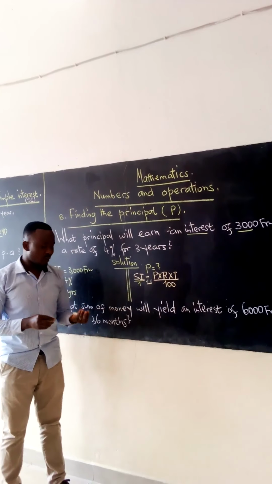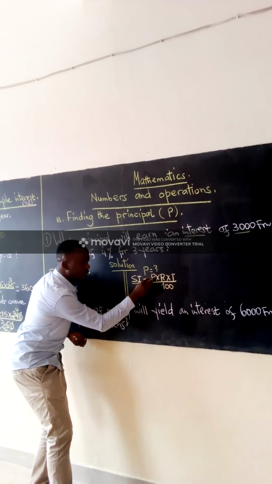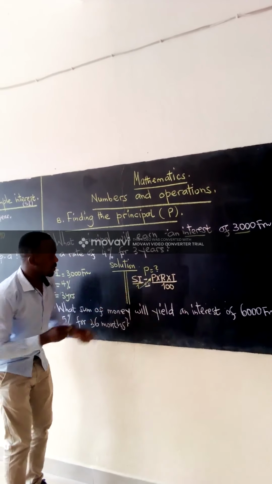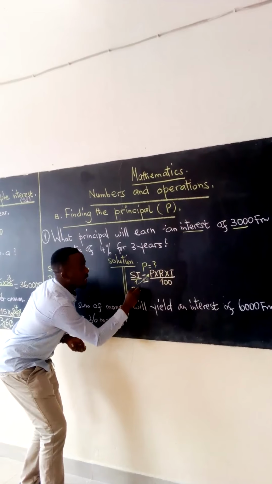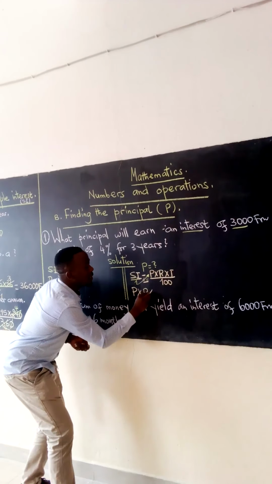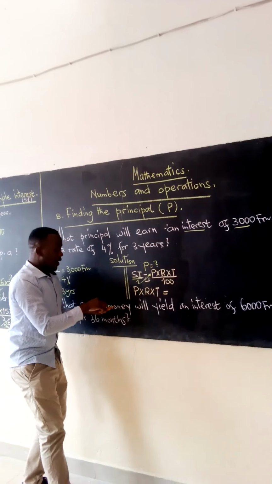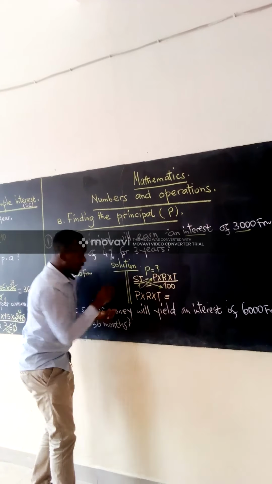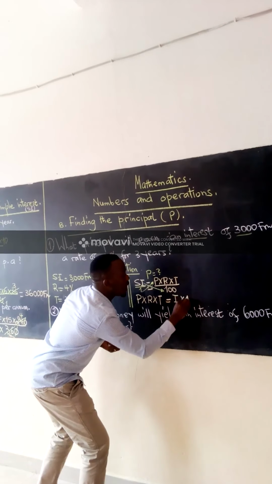We can put 1. Then look, can I cross and multiply? Yes. Like the way you can see. 1 times this one, we shall have P times R times T, which is equal. I cross here also. It is interest times 100.